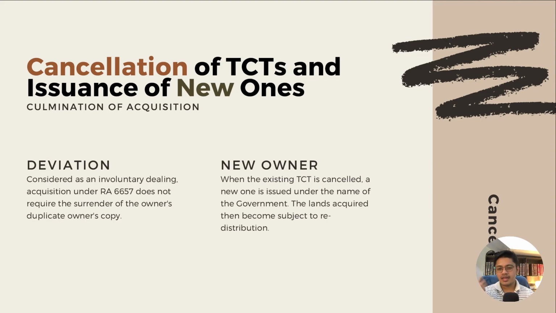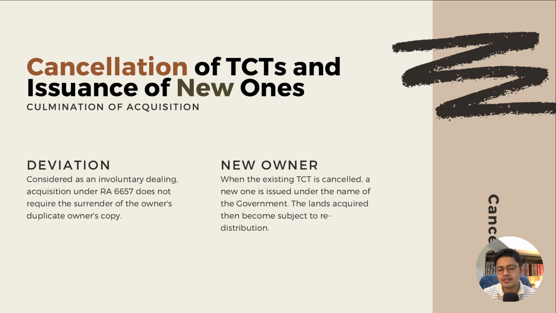Right? That general rule does not apply here. Okay? That means here, in the case of compulsory acquisition, there's no requirement for the landowner to surrender his certificate of title. Alright? Because this is an involuntary dealing, it's considered as a deviation to that general rule that before cancelling and before issuing, the owner's duplicate copy must be surrendered. Here, it's not required.